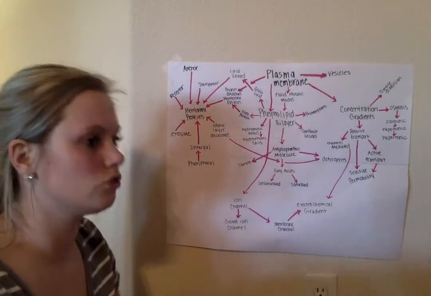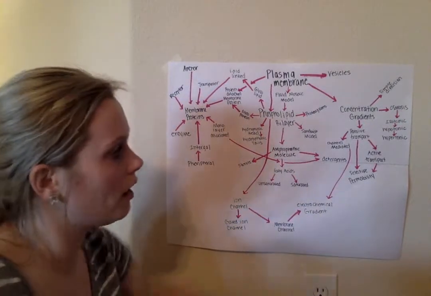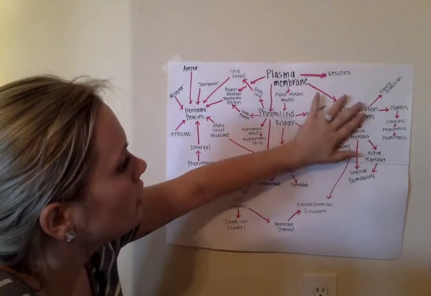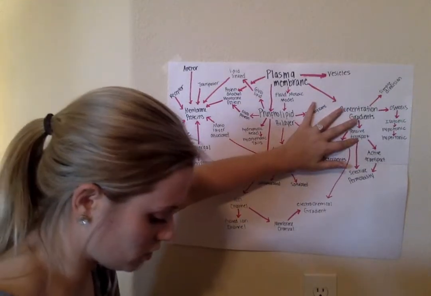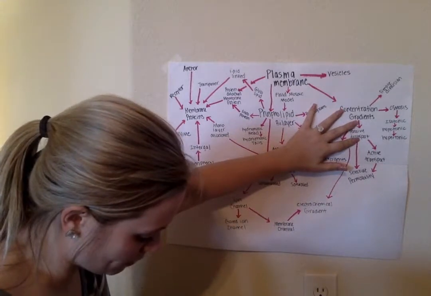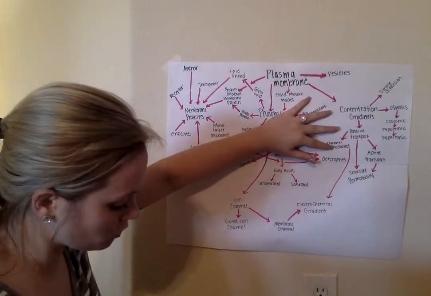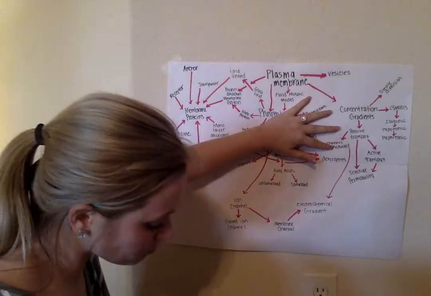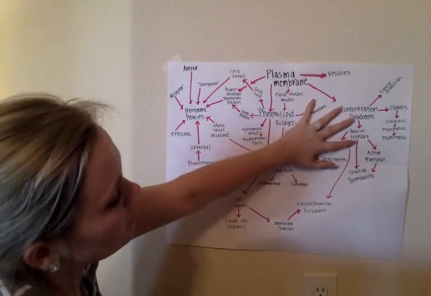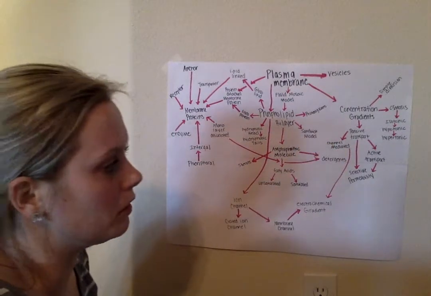So basically cell shrinkage, cell swelling, things like that, all occur within that plasma membrane. You also have passive transport, which moves along the concentration gradient, but it can also be channel mediated. Passive transport and active transport also help tell you your selective permeability.